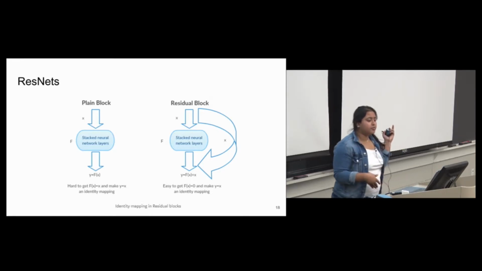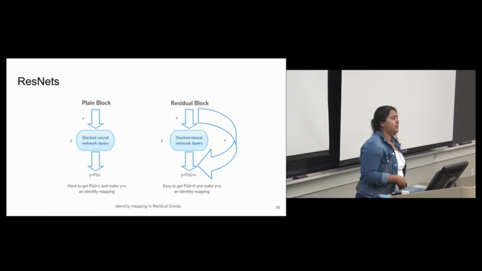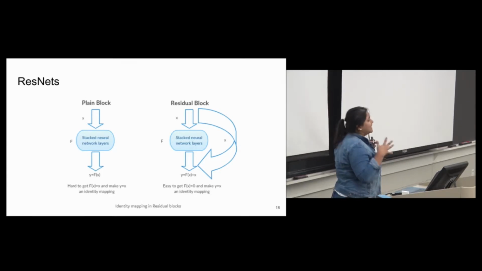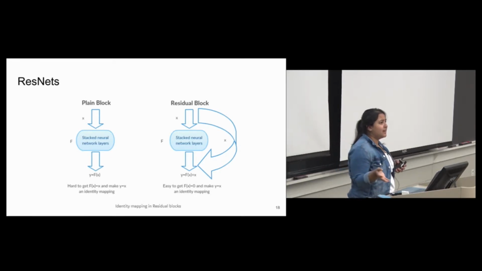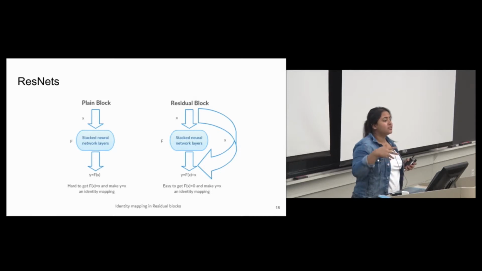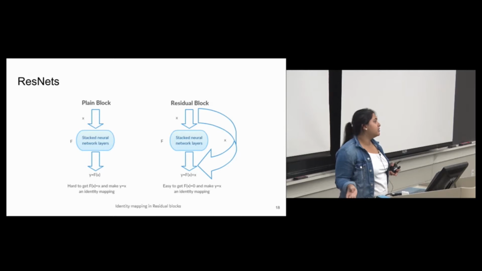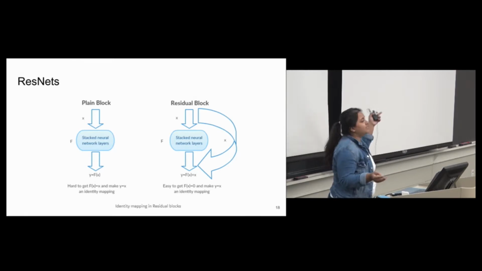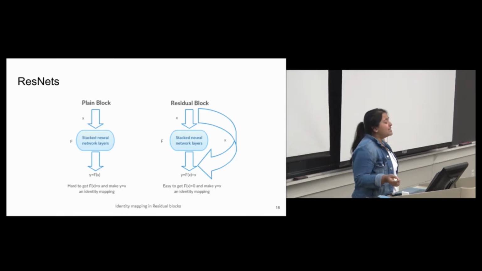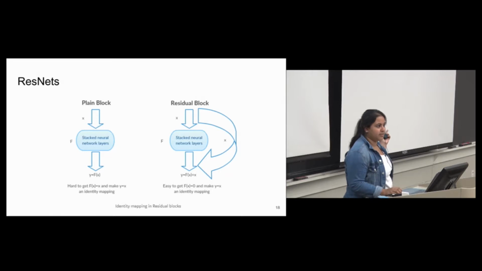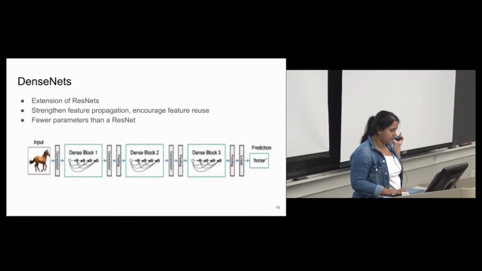I'll put out the paper link with this slide, so you can refer to the paper for further details. There are multiple ResNet architectures like 50, 101, so the layers just get deeper. Because of these residual skip connections, they could get deeper networks and achieved good results.